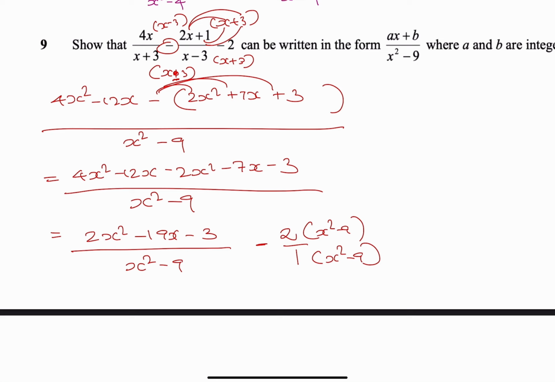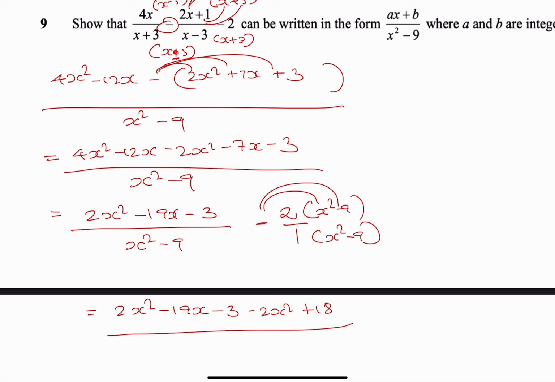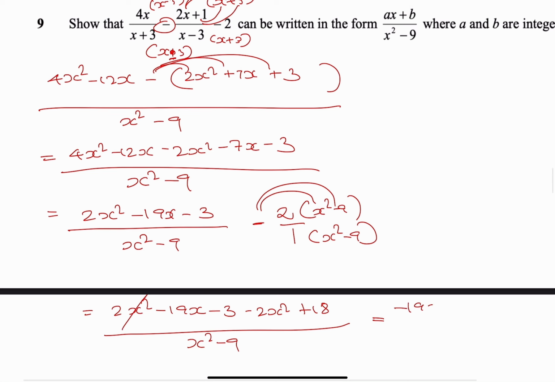Let's multiply it here: 2x squared minus 19x minus 3. That will give you minus 2x squared plus 18 over, because remember negative is positive, x squared minus 9, which will give you that, and that cancels. Minus 19x minus 3 plus 18 is plus 15 over x squared minus 9.